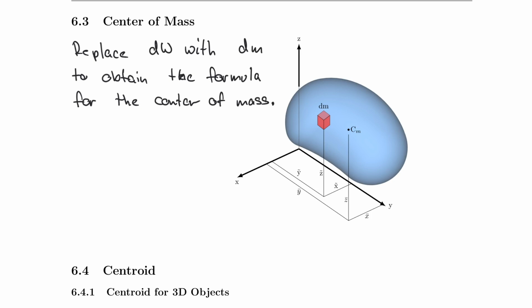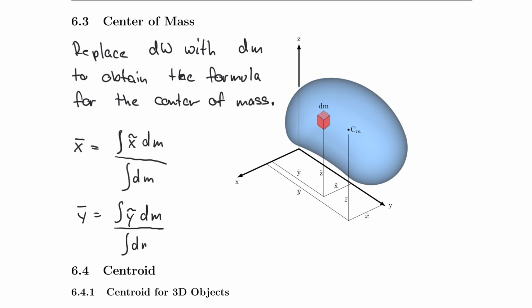In other words, all I need to do now is rewrite my equations. For example, if I want to find x bar through the center of mass, then I use the integration of x tilde dm divided by the integration of dm. The same is true for y bar, which would be equal to the integration of y tilde dm divided by the integration of dm.